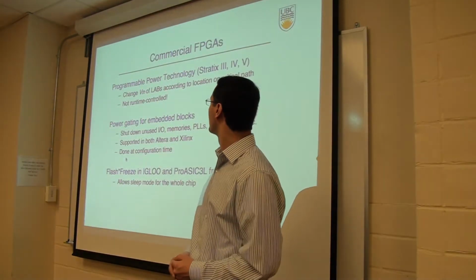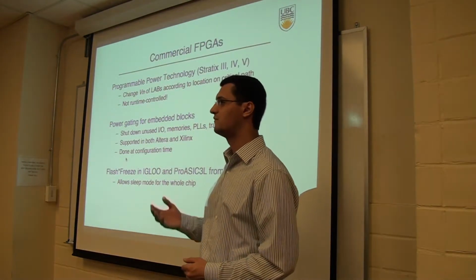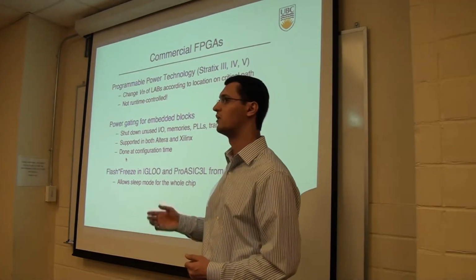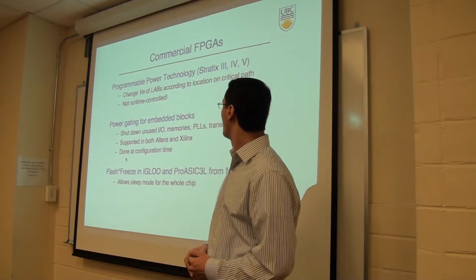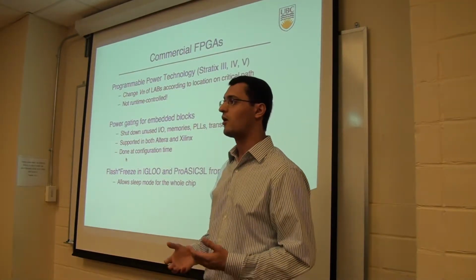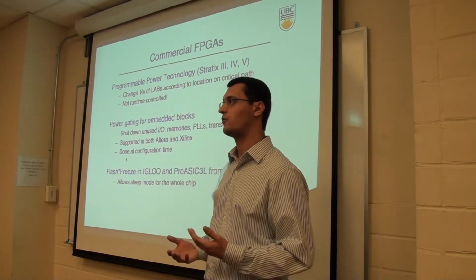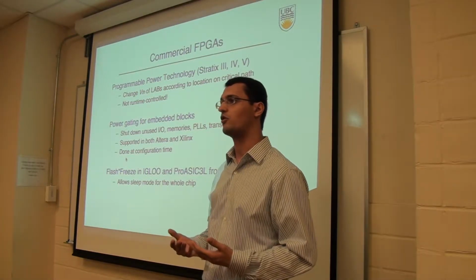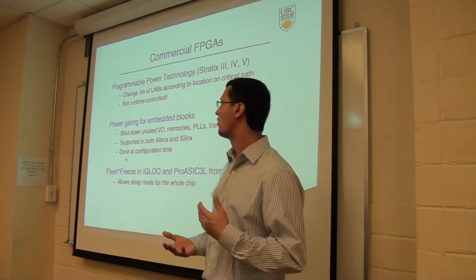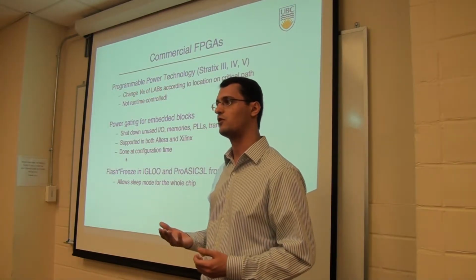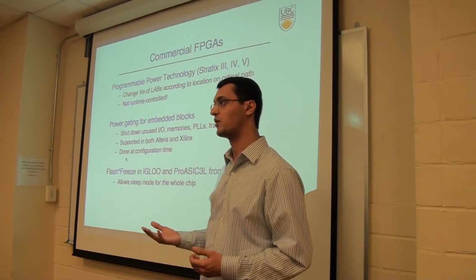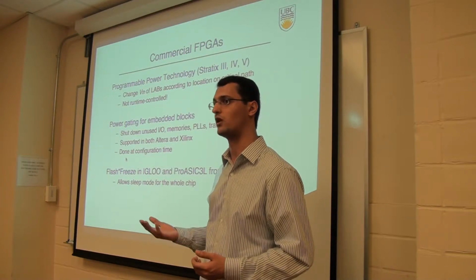In commercial FPGAs, there have been some technologies. For example, in Altera's FPGAs, there's a programmable power technology, which basically allows the tools to configure the threshold voltage for logic blocks on the critical path and off the critical path. So basically, decreasing the threshold voltage for components on the critical path increases their performance, but they become more leaky.